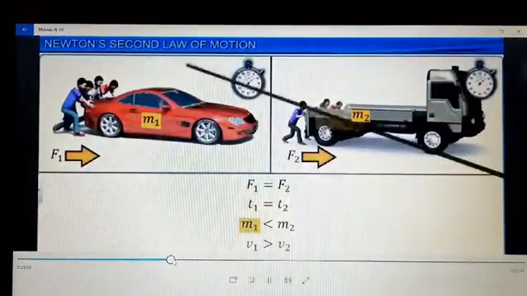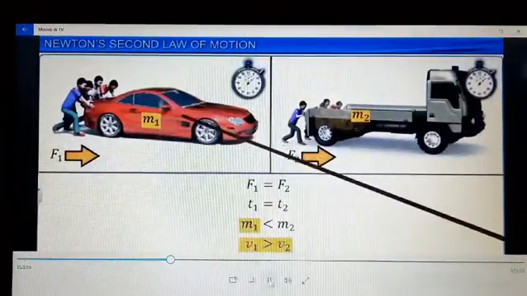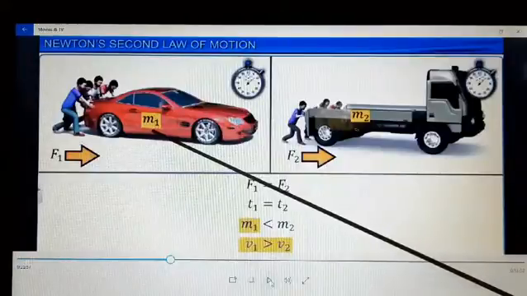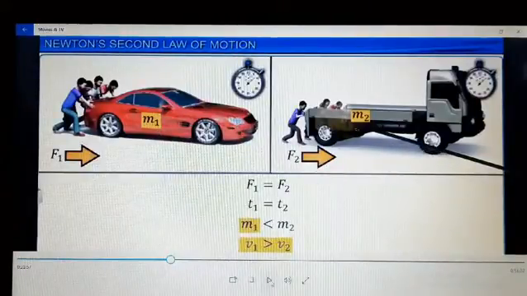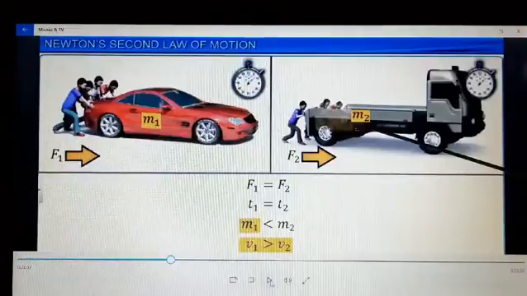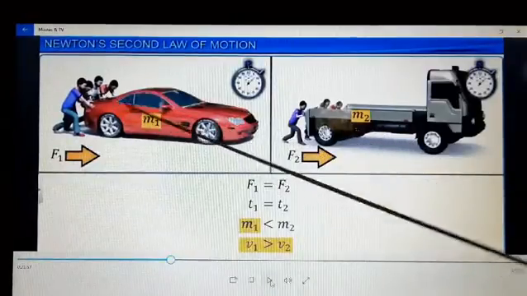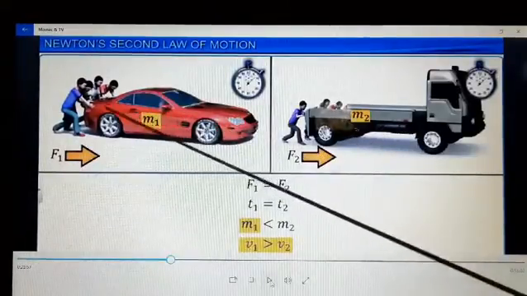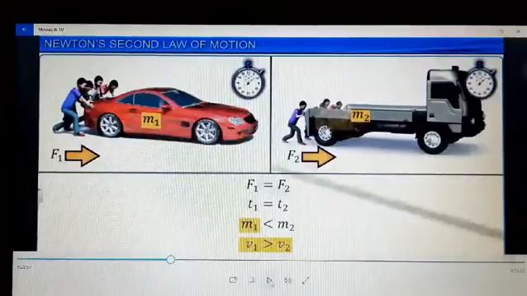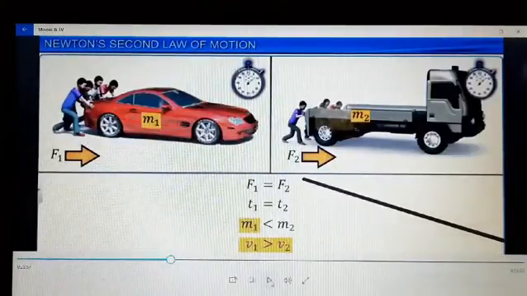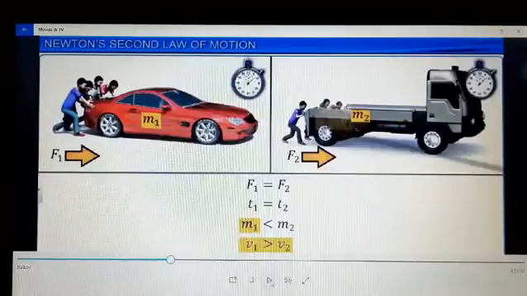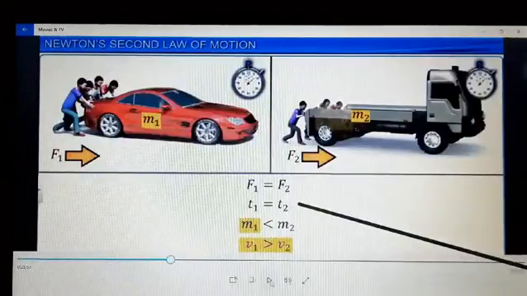Look here. Here one car, its mass is m1, and the truck mass is m2. All persons are the same and they apply the same force on the car and truck, meaning F1 is equal to F2, in the same time, meaning T1 is equal to T2.